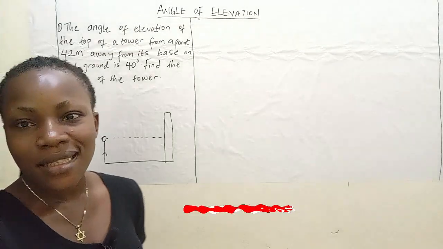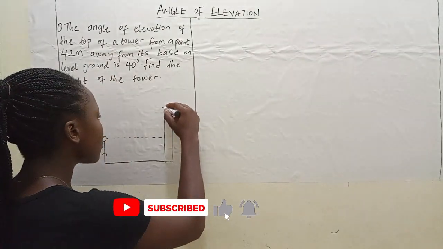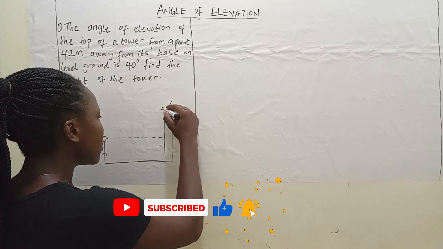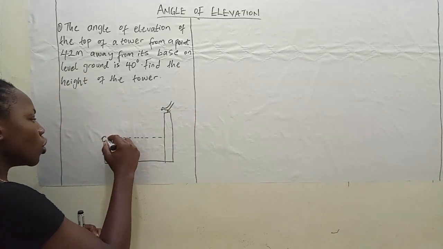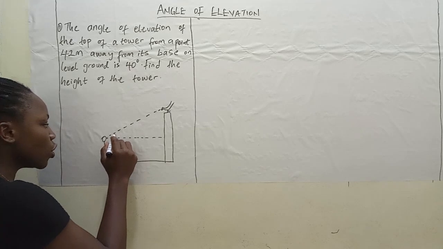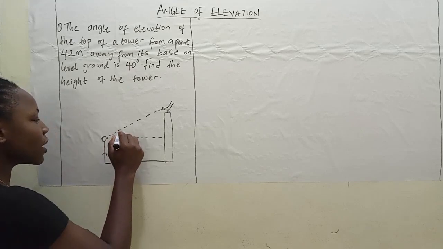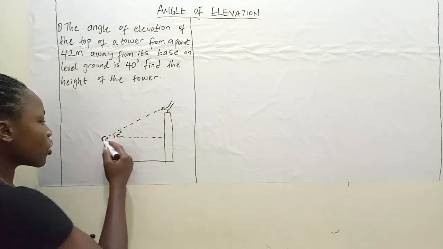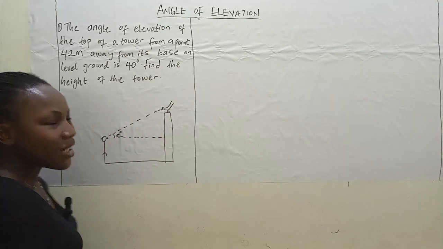And you notice a bird on top of this building. This is the bird. So, as you lift up your eyes to look at this bird, the angle you make here is simply an angle of elevation. So this is your eye level. This is the angle of elevation.